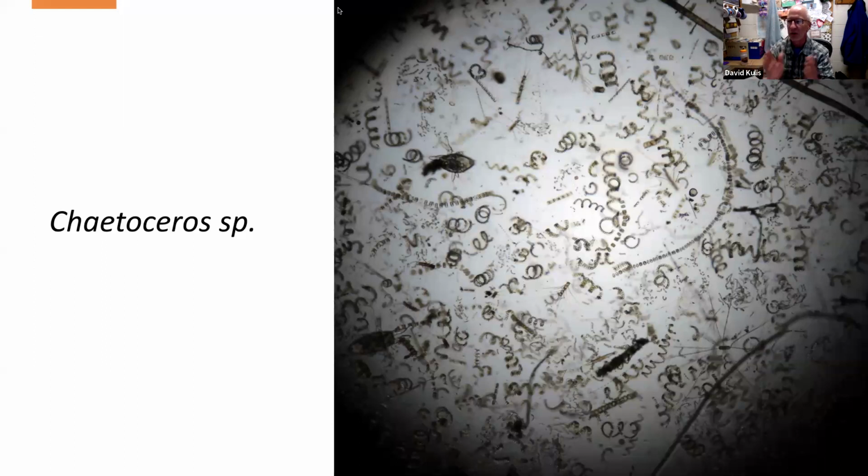So what is a bloom in one area may not necessarily be a bloom in another area. It may be the dominant species in the water sample you're collecting, or it's relative to the area that you're sampling.